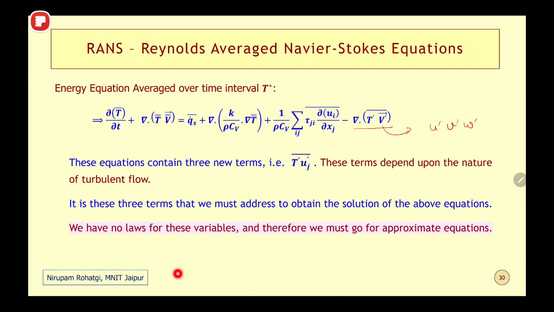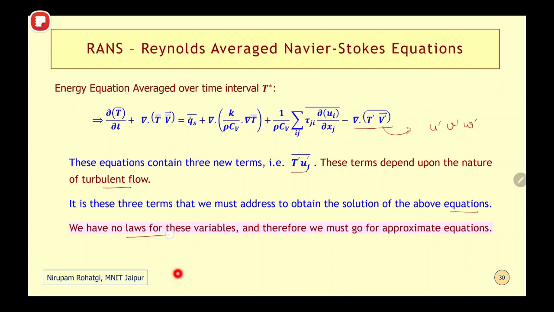Now these equations contain 3 new terms. These terms depend upon the nature of the turbulent flow. It is these 3 terms we must address to obtain the solution of the above equation. So we should know what are these terms, not only these 3 but the previous 9. So we should know about these 12 terms.